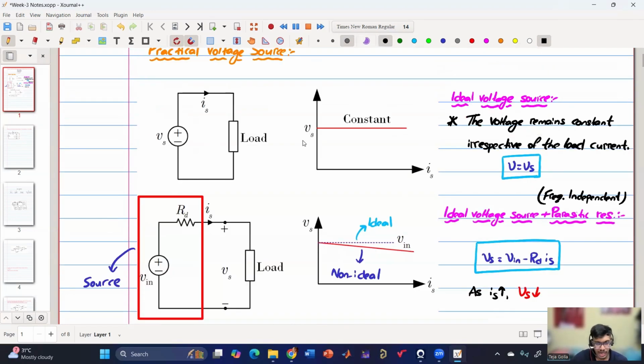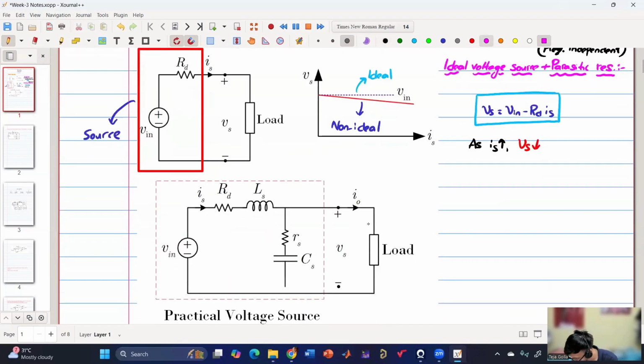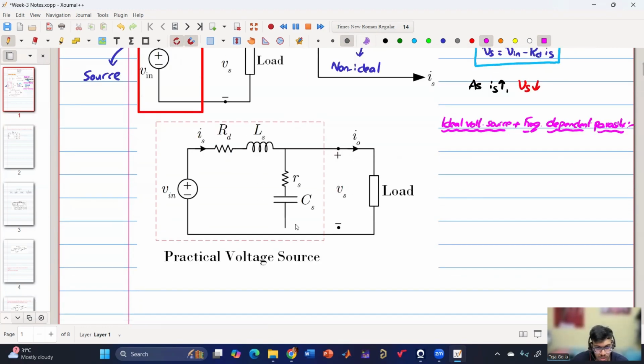First, we have gone through the ideal case, then the non-ideal case, which consists of an ideal voltage source plus parasitic resistance, which is frequency independent. Now we have an ideal voltage source plus frequency dependent parasitics.